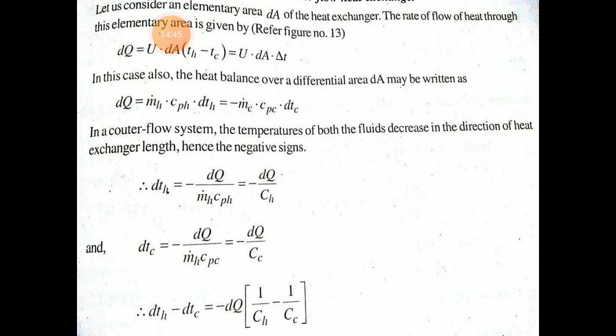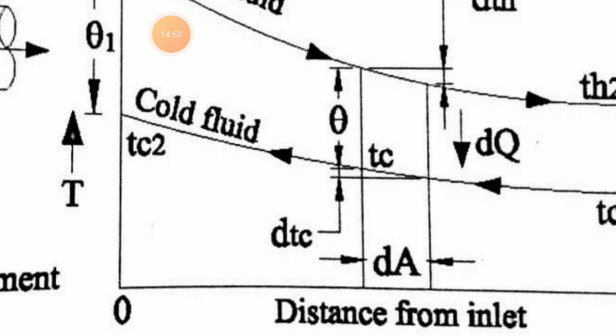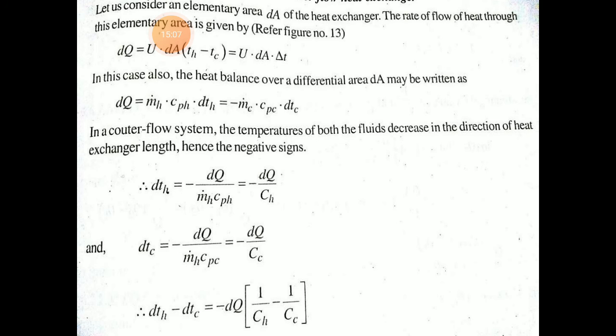Now use the previous method, that is, consider an elemental area. Just focus on that elemental area. The heat rejected from the hot fluid to the cold fluid will be considered negative, and the heat absorbed by the cold fluid will be considered positive.